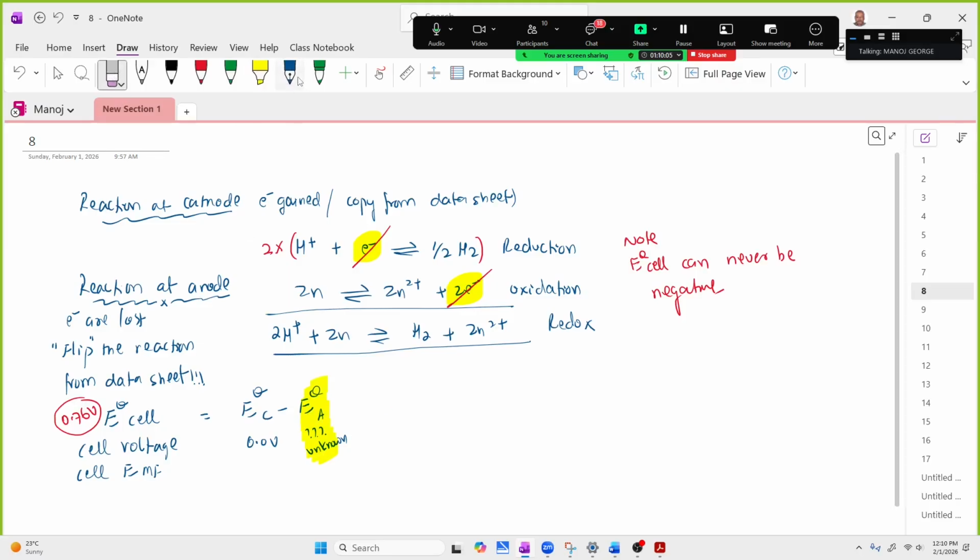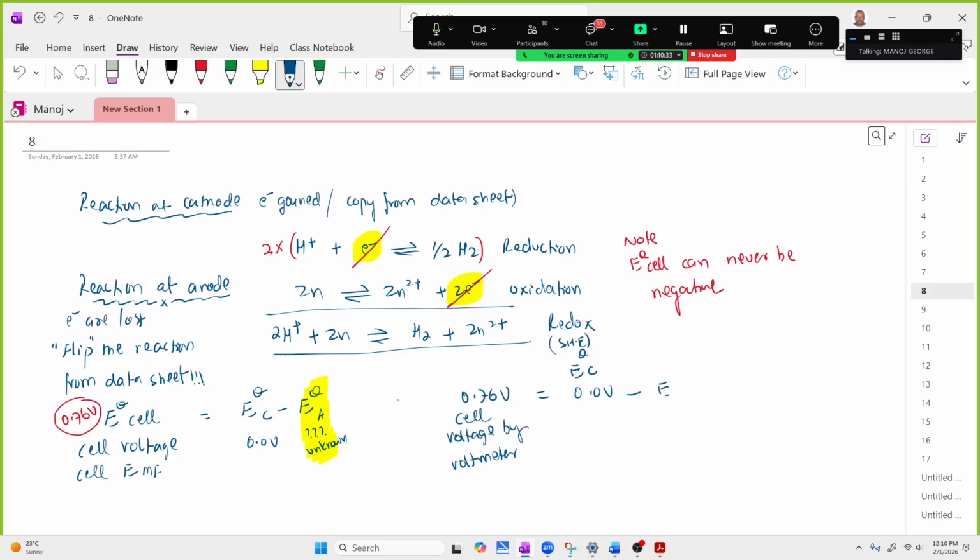Once again, just to make sure that everyone is very clear. 0.76 V is the cell voltage given by the voltmeter, and it equals E° cathode, 0.0 V, because I know that's the SHE, minus E° anode.